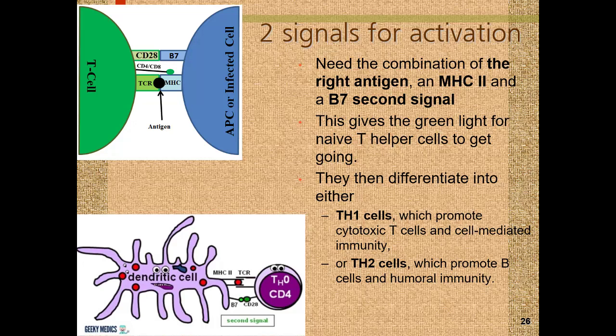If we get a T helper 2 cell, we are going to activate humoral immunity. What will start this off would be an antigen like a bacterium, a protozoan, a worm, a fungus, something that arises outside of a cell, not a virus. This will be involved with activating B cells.